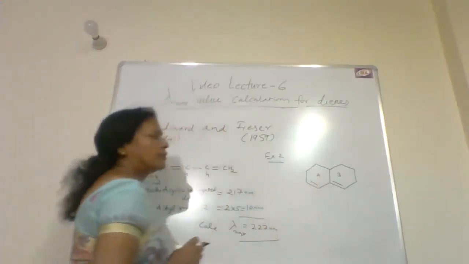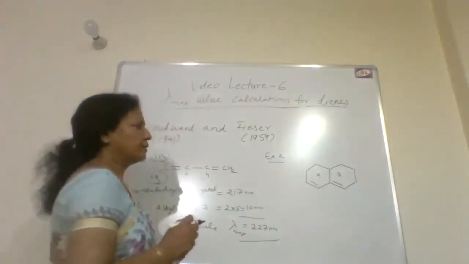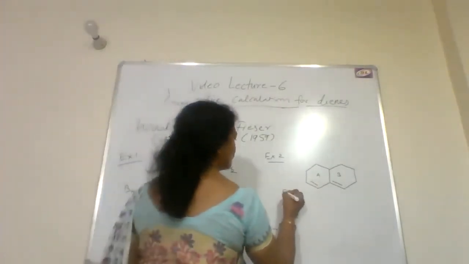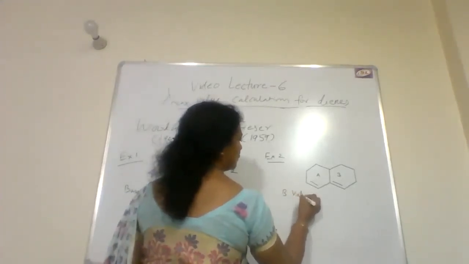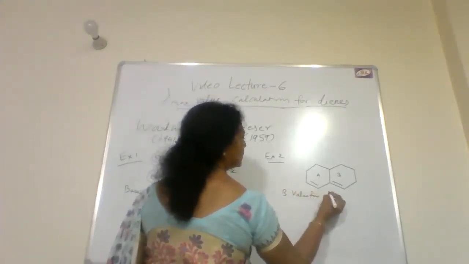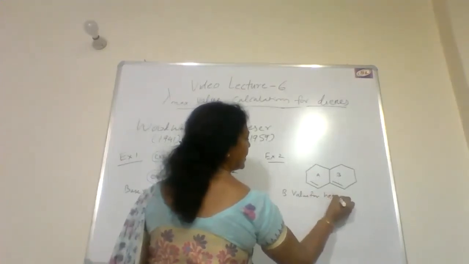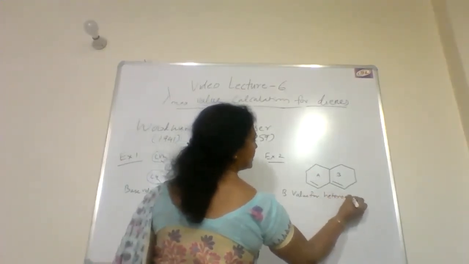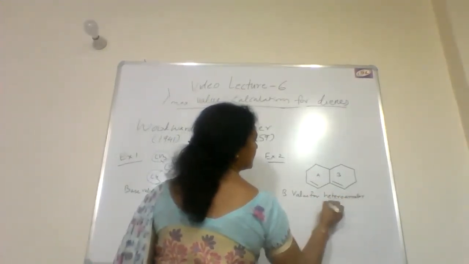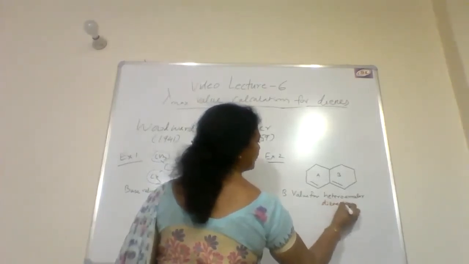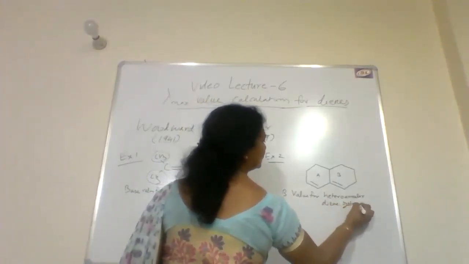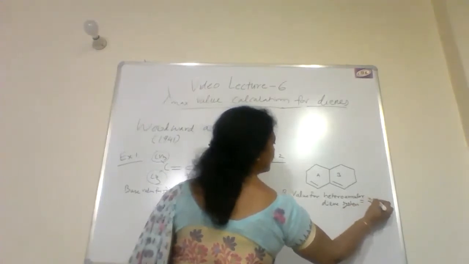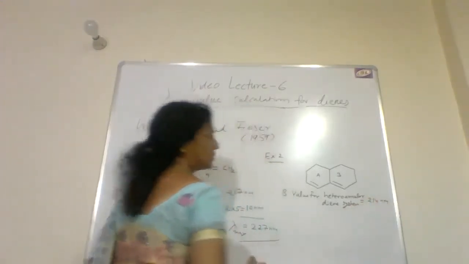But both double bonds are in different rings, so the base value for heteroannular diene system is 214 nanometers.